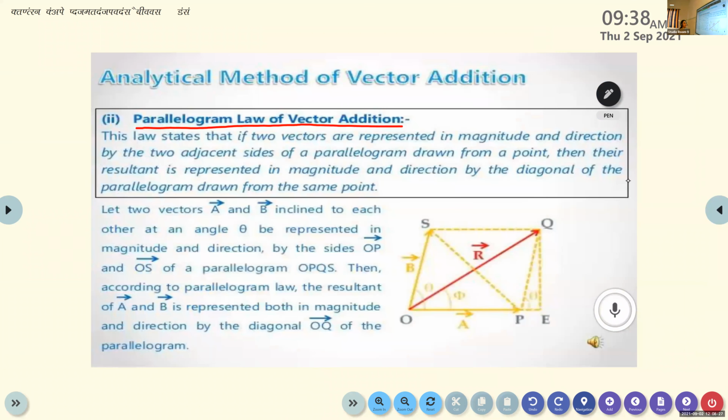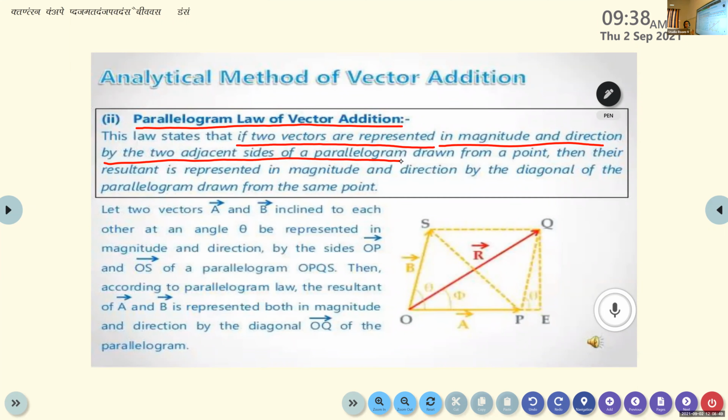The parallelogram law of vector addition states that if two vectors are represented in magnitude and direction by the two adjacent sides of a parallelogram, instead of a triangle, here we replace the term with parallelogram, because we use the parallelogram law to find the resultant vector.